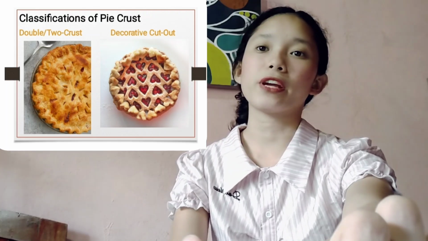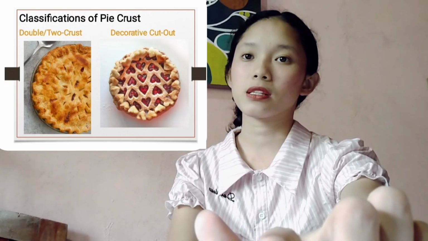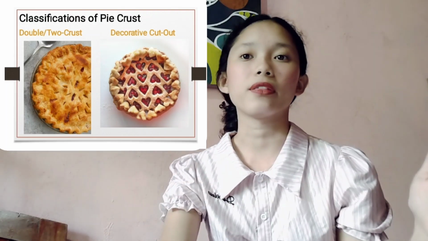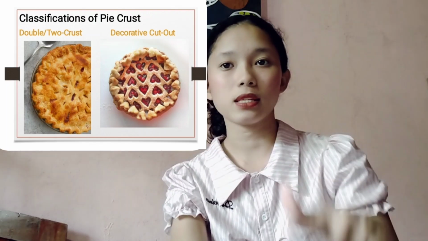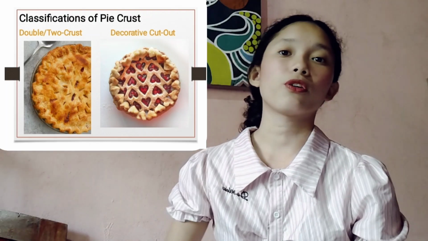The third classification is the double or two crust, because the first or the single crust is at the bottom of the pie, and then the second or the double crust is at the top of the pie. Next is the decorative cutout.